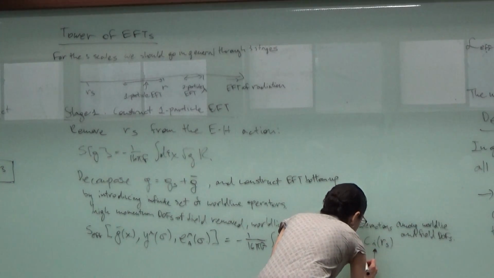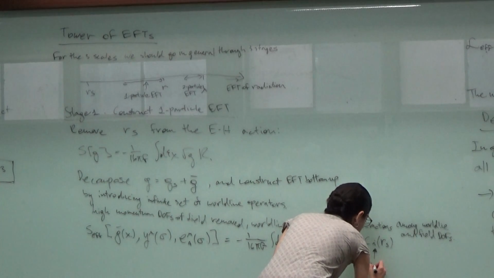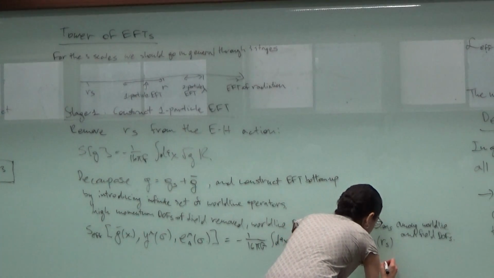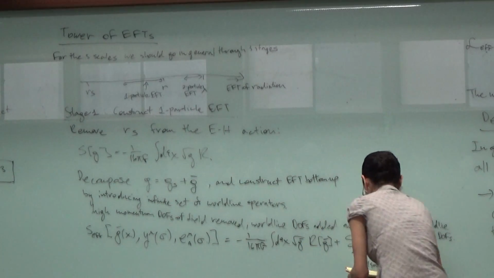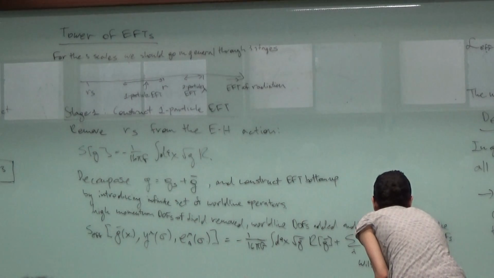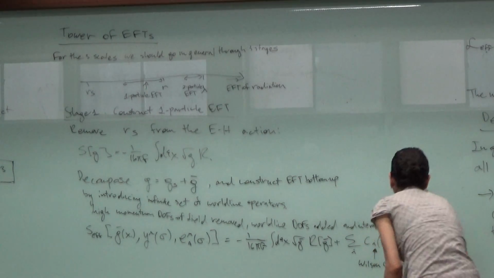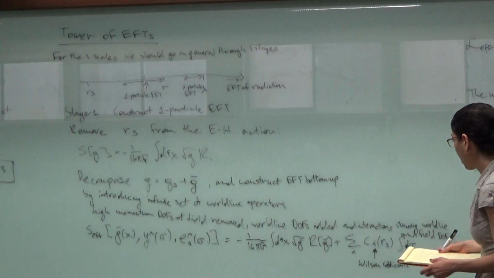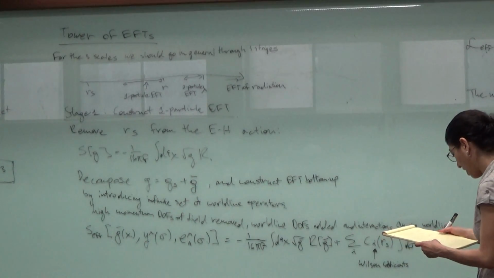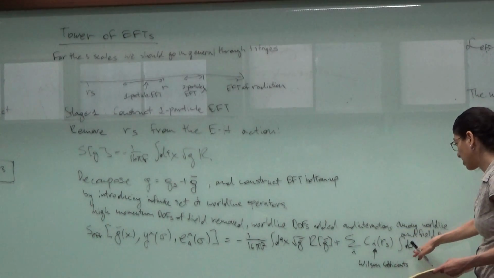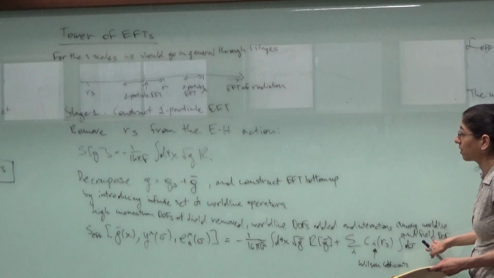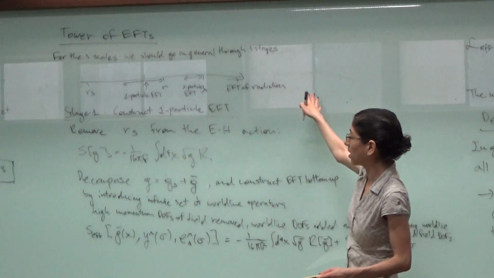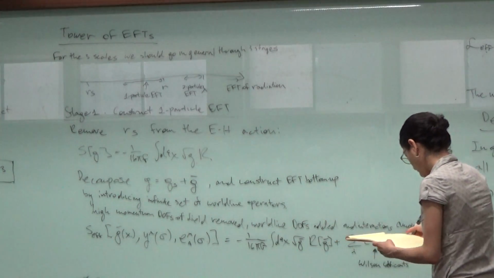The Wilson coefficients will depend on the short scale that is integrated out. And world line operators will have no knowledge or memory of the scale that was integrated out, and therefore all the scale dependence that will appear here in the operators will be that which contains only higher, larger scales.